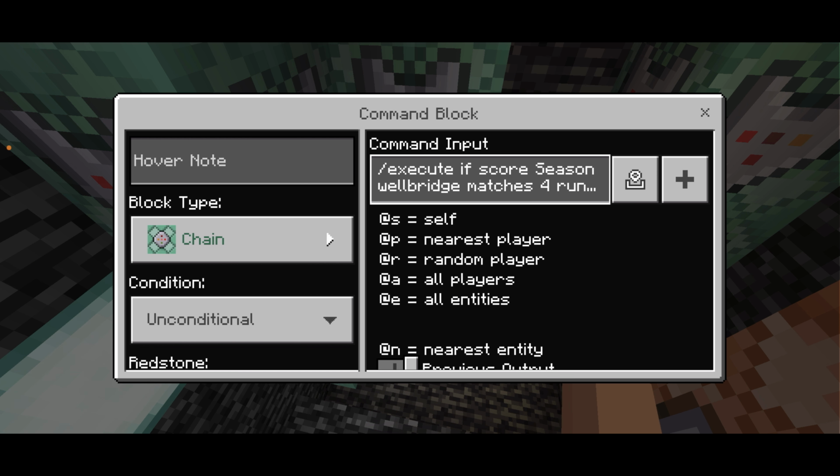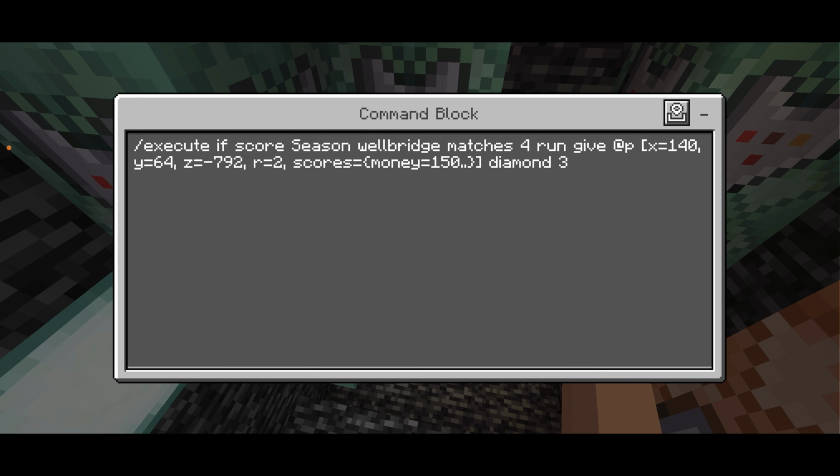The last one is going to be a chain, unconditional and always active, 0 delay in ticks.